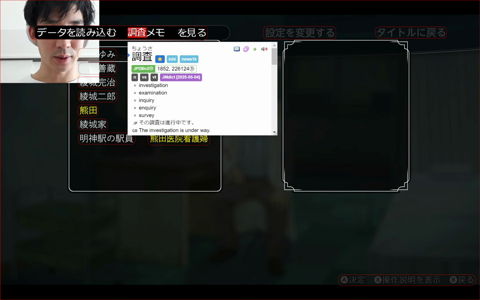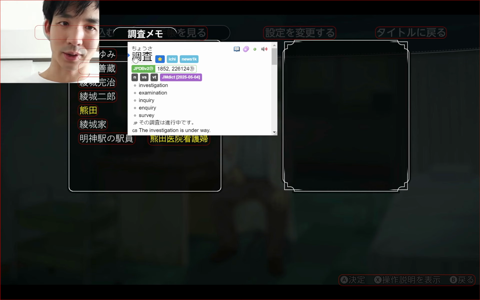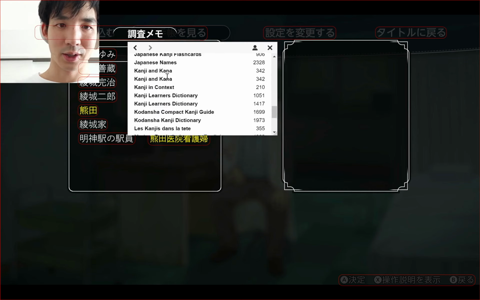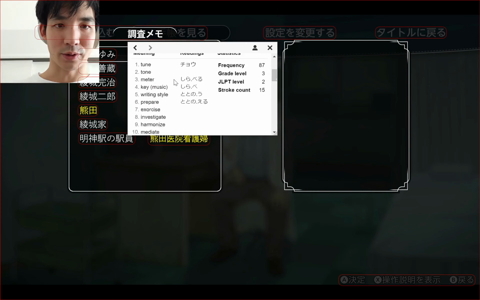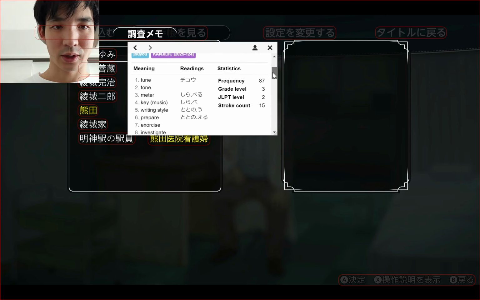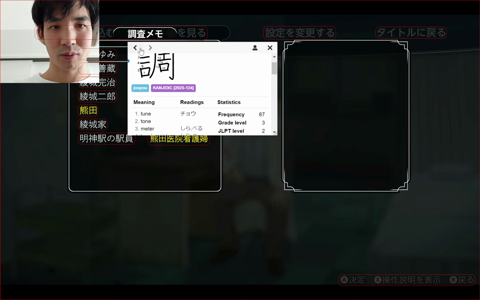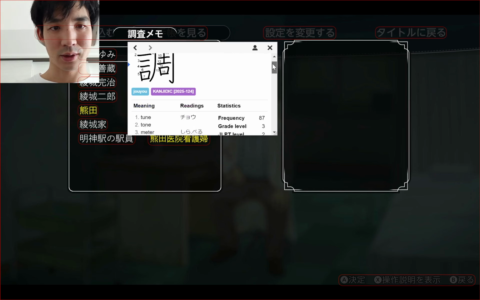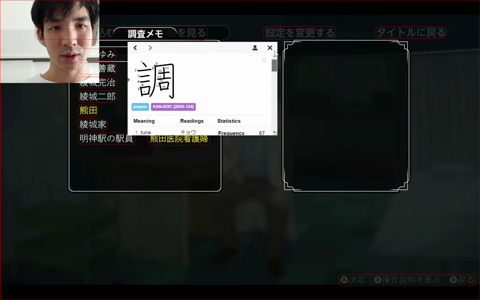So looking at this is my Cho-sa, which is also Cho, but this is the kanji for checking, investigating things, conditions of things.